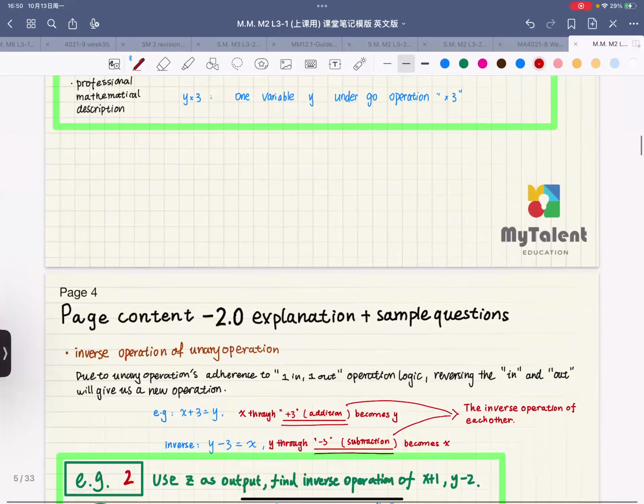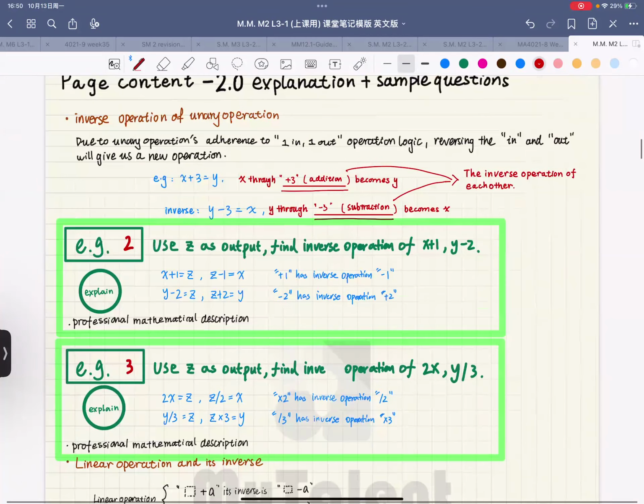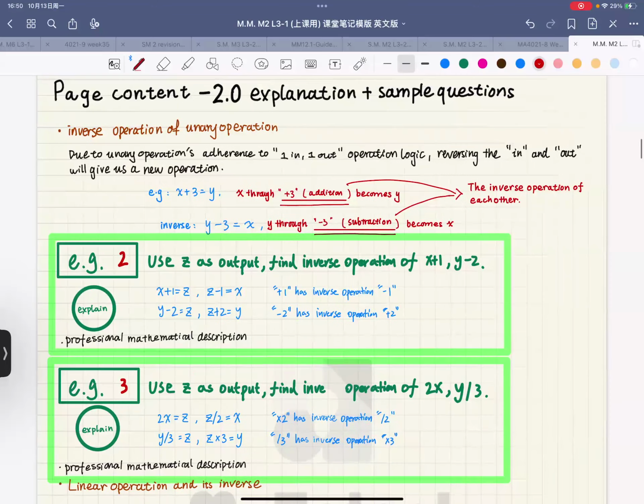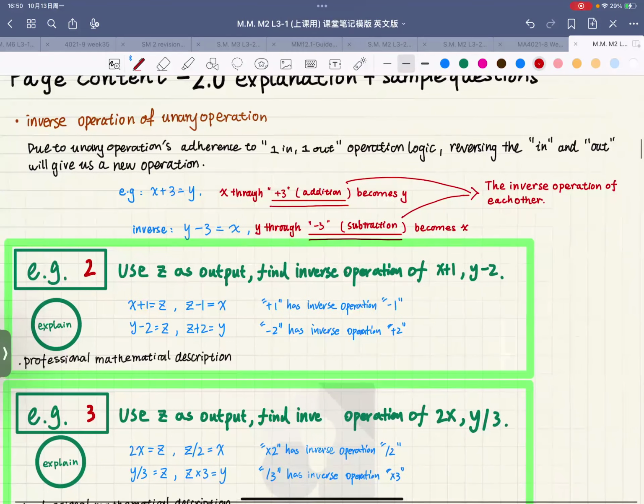Okay, next one. Inverse operations of unary operation. Okay, so we talk about inverse operation. What is inverse operation? Basically, if we have x plus 3 is equal to y, basically x through plus 3 becomes y, right?